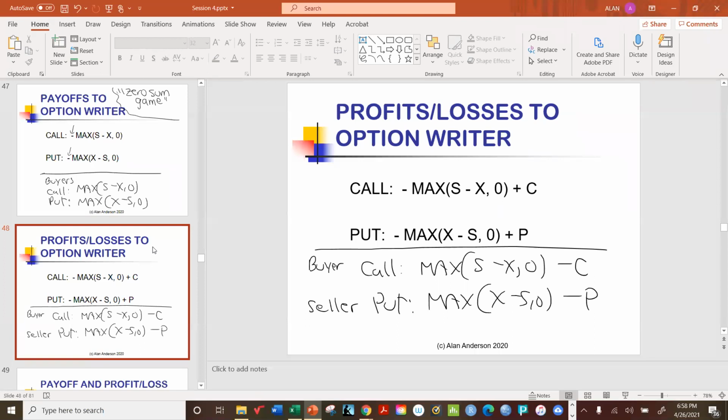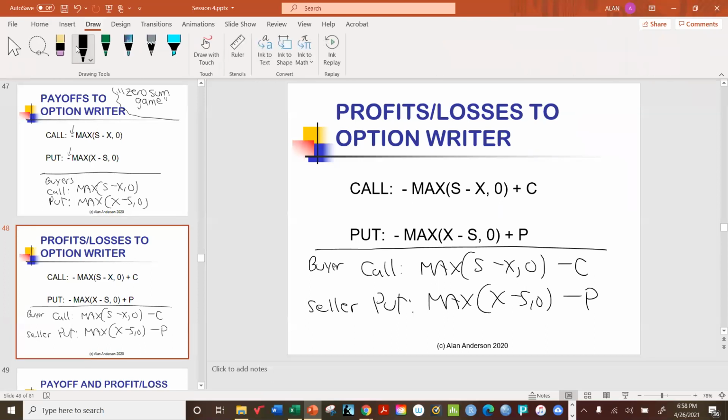And so you can see the difference between the two. If you add these together, they will again add up to 0. So the profits and losses must add up to 0 because again, we have a zero-sum game.